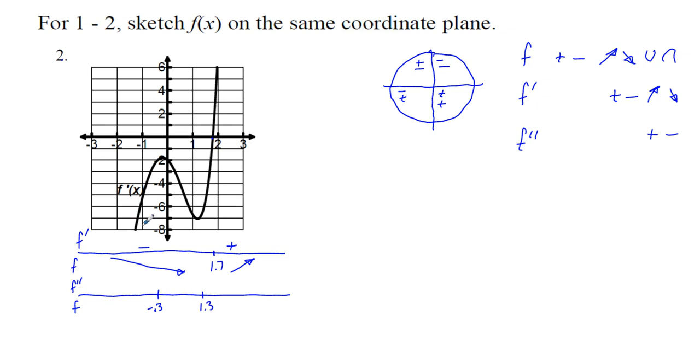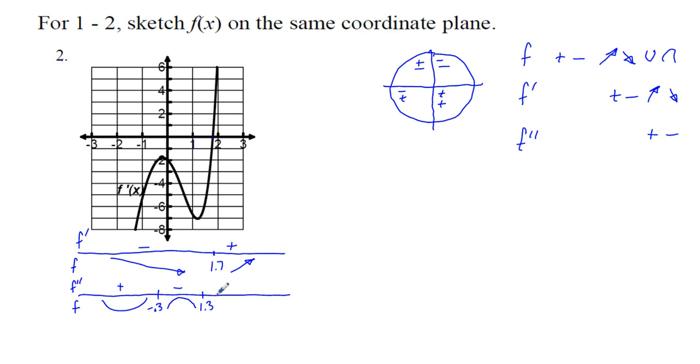And then f prime is increasing to the left of x equals negative 0.3, and so that's going to be concave up over this interval. And then between x equals negative 0.3 and x equals 1.3, f prime is decreasing, so the graph of the function is concave down over that interval.